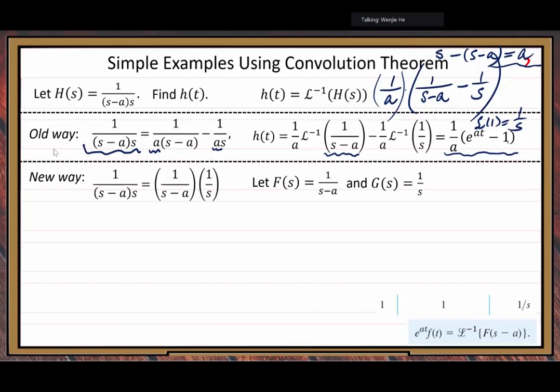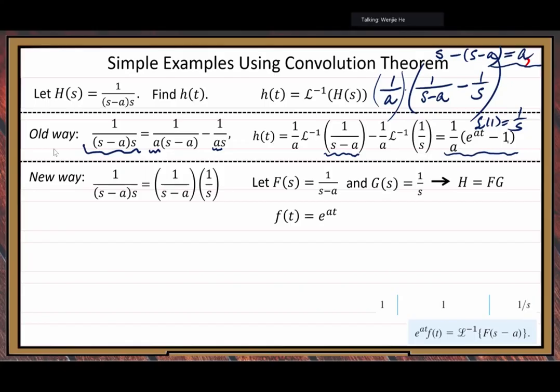We can find little f and little g easily, right? Using the basic formula and the first shifting theorem. After this, we have capital H equals capital F times capital G.